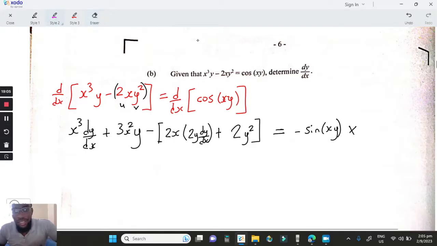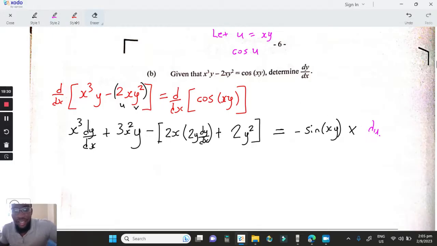Let u equal xy. So really what we're saying is you differentiate cos u. When you differentiate cos u, you get negative sine u. But then you have to multiply by the derivative.